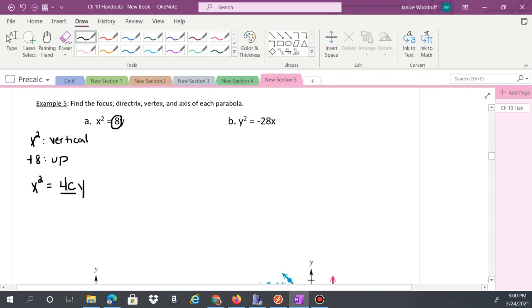So you're going to start with finding the focus. So 4c is going to equal 8. You're going to solve for c. c is going to equal 2. Now, that is the distance from the vertex to the focus. So where is the vertex in this equation?